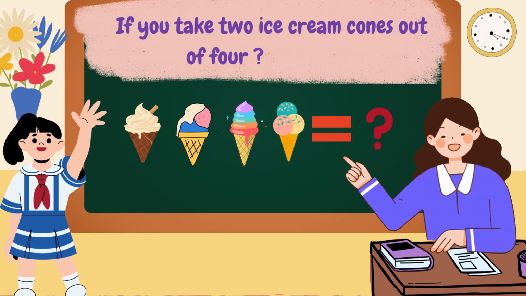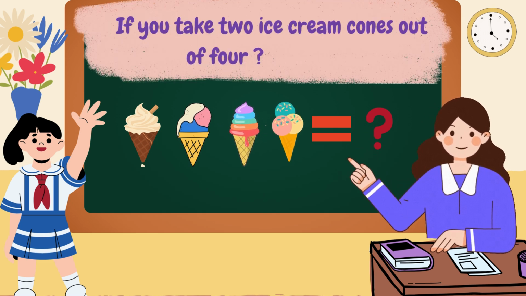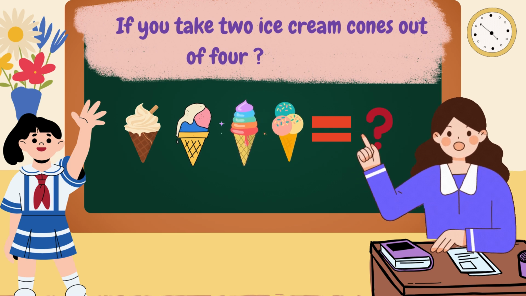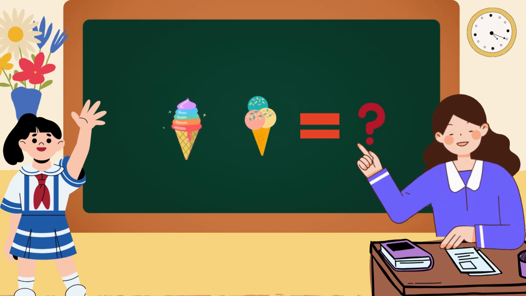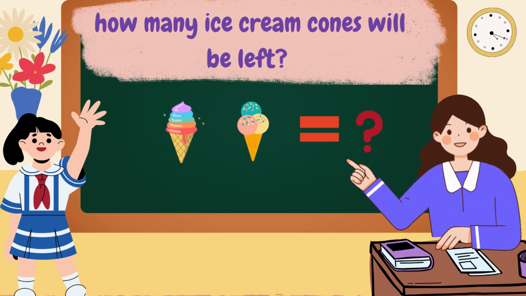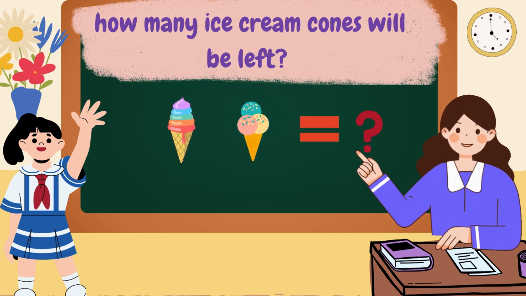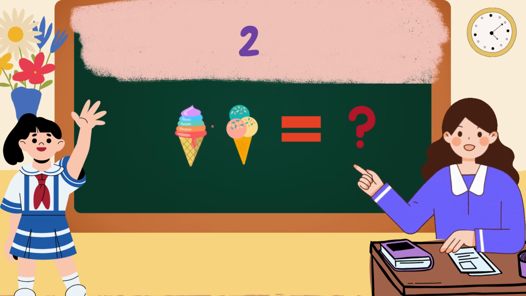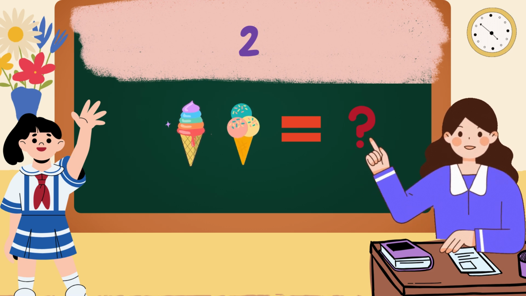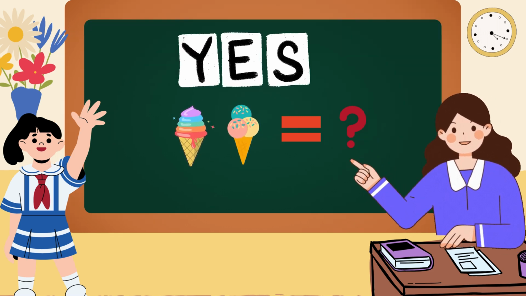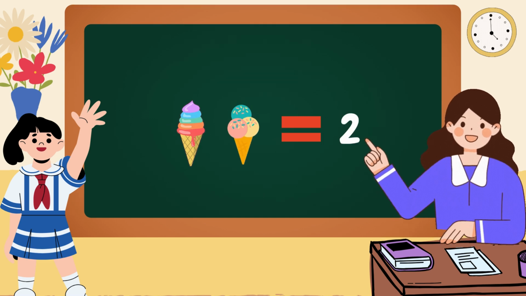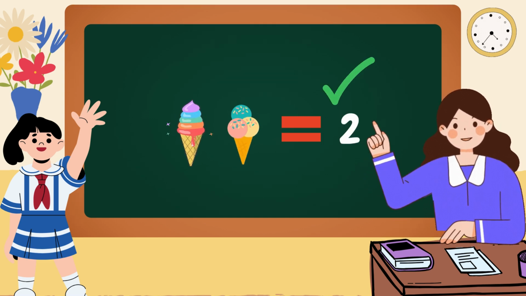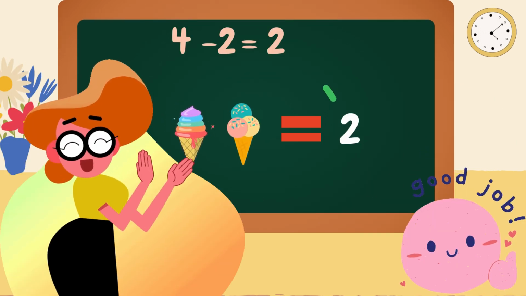If you take 2 ice cream cones out of 4, how many ice cream cones will be left? 2. Yes, 2. Good job.